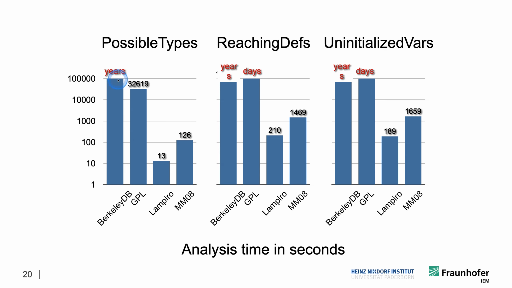And for Berkeley DB, we actually did not finish the analysis because we wanted to publish this paper at some point. So we would have had to run it for years. We know this because we know after how many hours or days the analysis terminated for each individual configuration. And then we were able to do a reasonable estimate, right?